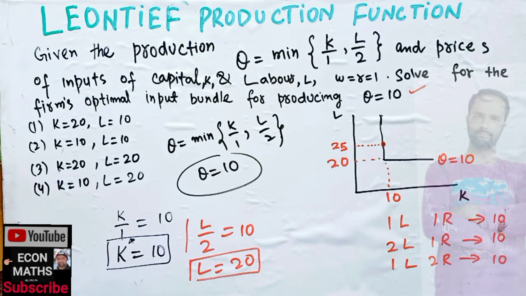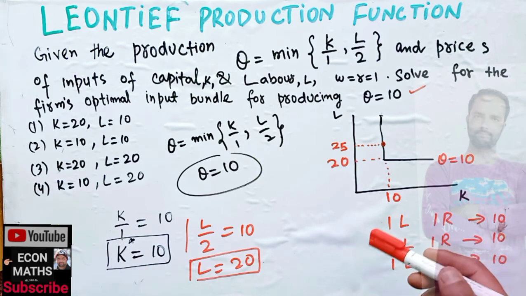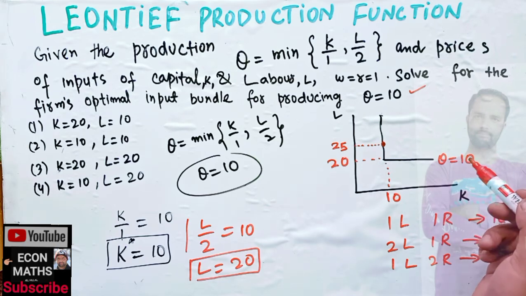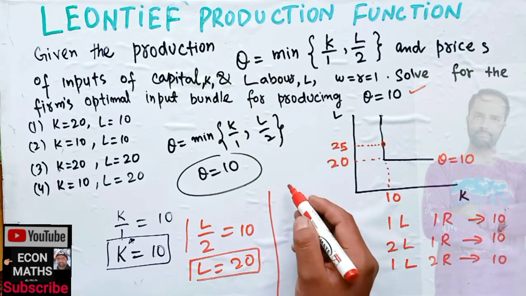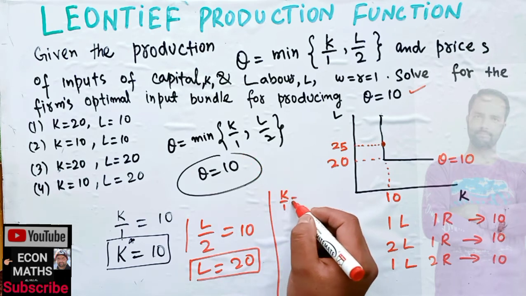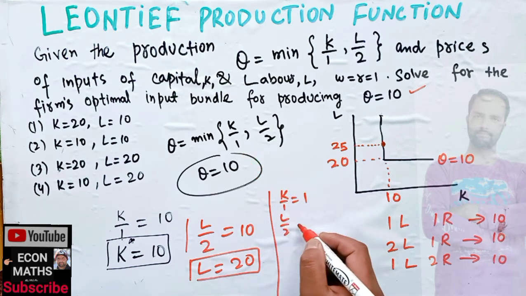So to produce more, we just need to change the inputs in a fixed proportion. That means, let us say, to produce 11 units. If we have to produce 11 units, in this case K upon 1 is equal to 11 and L upon 2 is equal to 11.